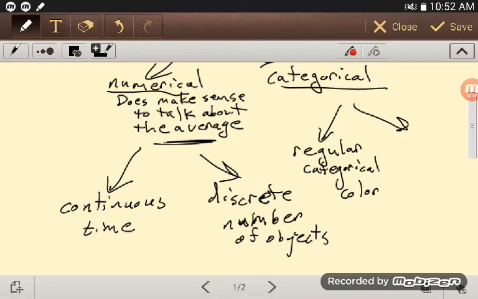So for instance, if you're talking about colors of people, you don't want to put them in a way that you're trying to say that one color is somehow better than another or higher than another. Religion, very much the same way.